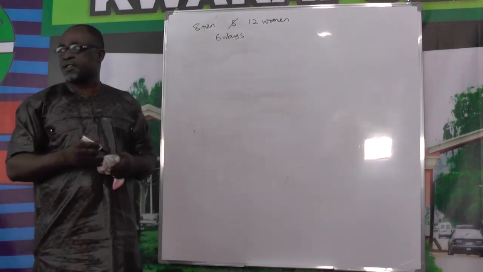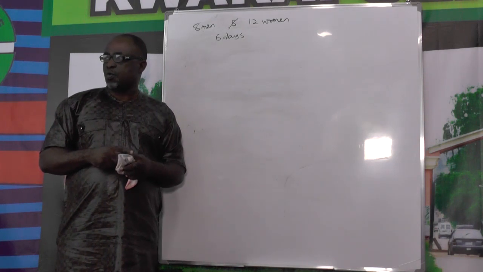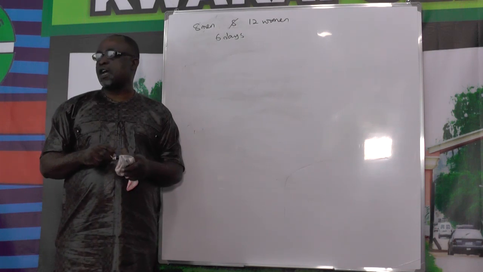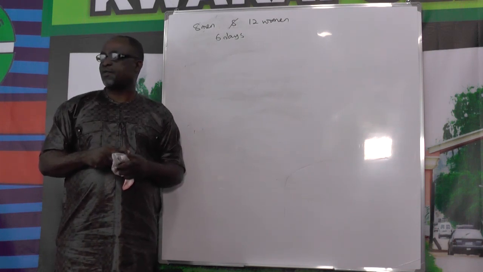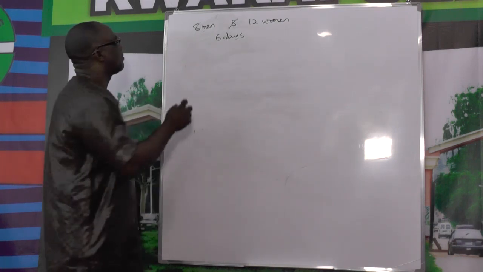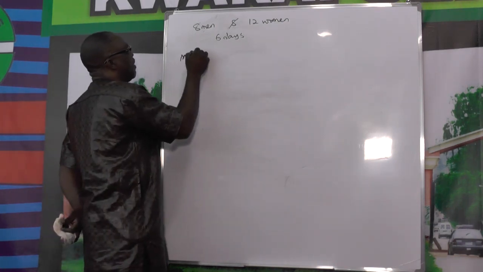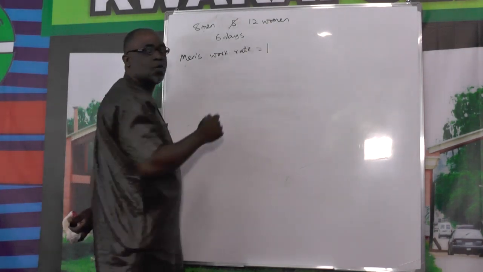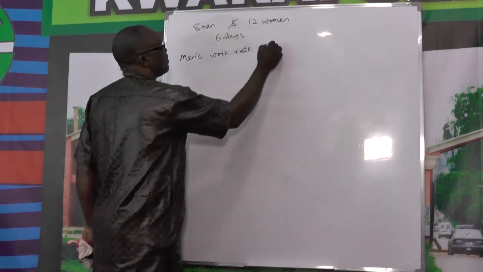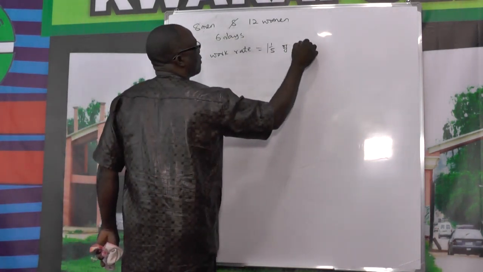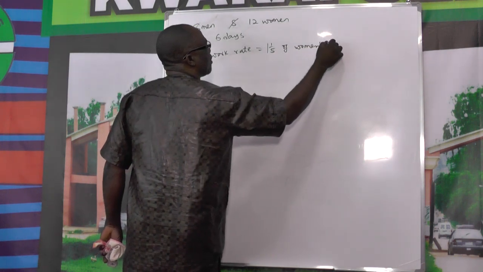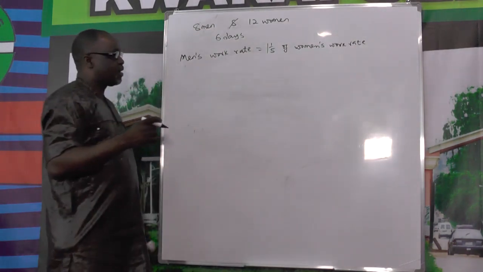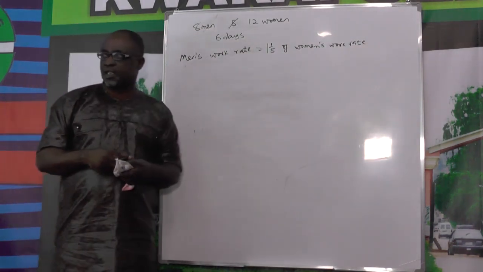Now, the men's work rate is 1 whole number 1/5 of that of the women. Men's work rate, 1 whole number 1/5 of women's work rates. Okay, just trying to put down the information that we are given.